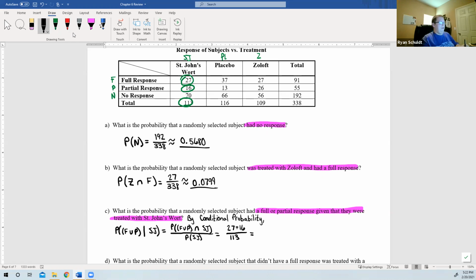Which 27 plus 16 gives us 43 over 113, which is approximately, to 4 decimal places, 0.3805. So full or partial in St. John's, and then over the probability of St. John's. That's because of the conditional probability. That's the whole given portion.